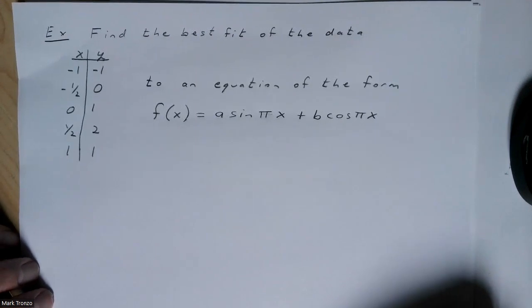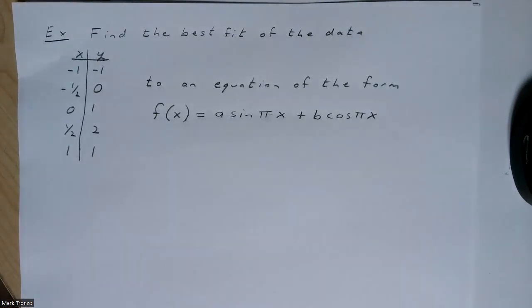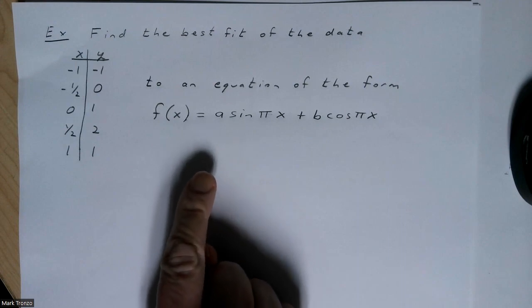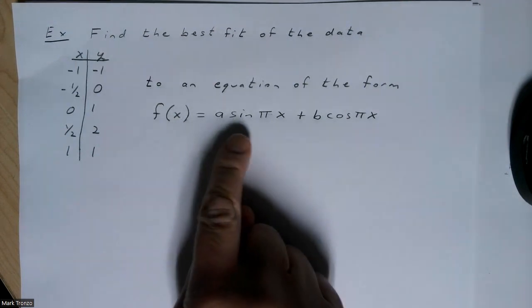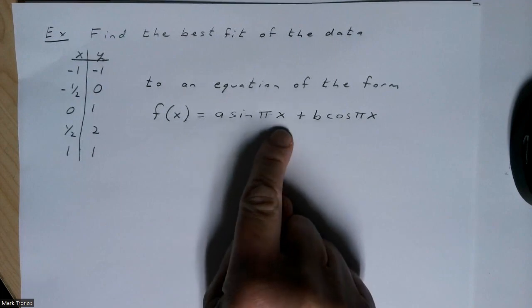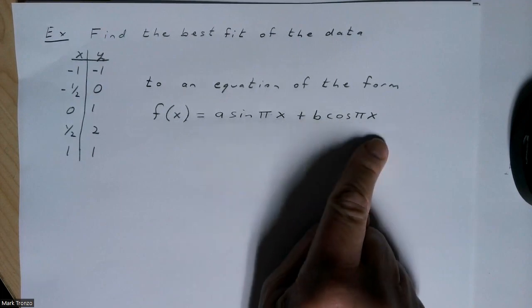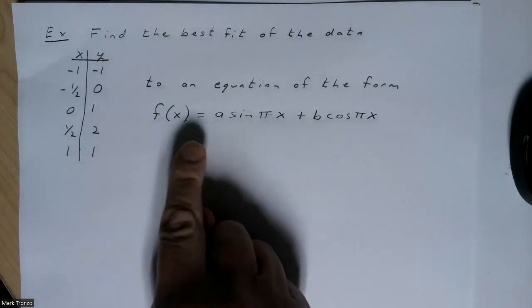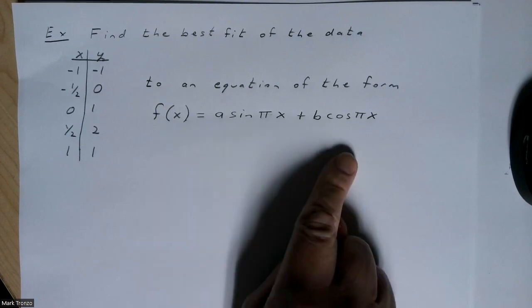Next, we'll do a best fit to a slightly more complicated equation. So suppose you have an equation of this form here, where we have f of x equal a sine pi x plus b cos pi x, and we want to do a best fit to this equation.